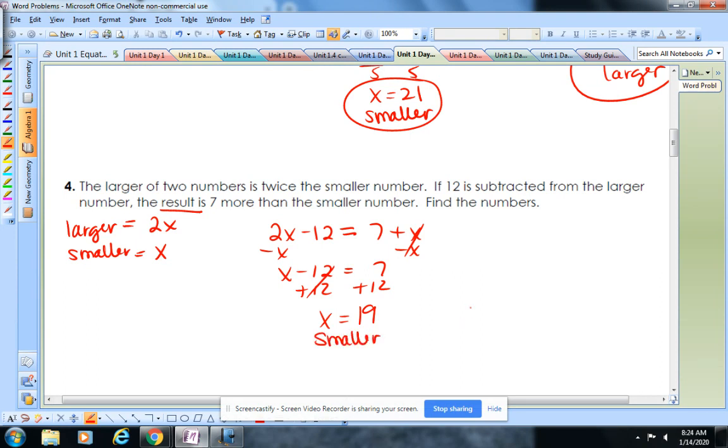How do I get the larger number? 2 times x, right? So 2 times 19 is 38 is my larger number. All right. So you've got to actually read the problem.